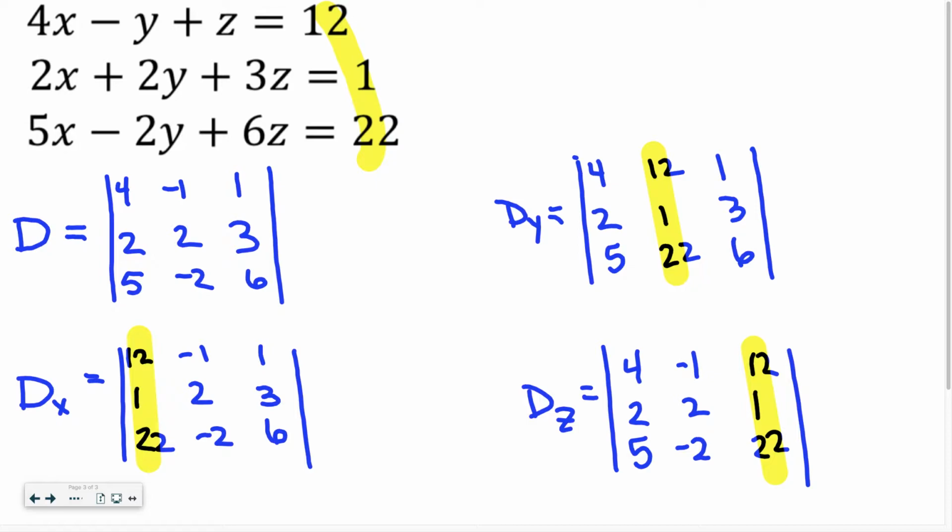Pods 4 and 5, D sub y. And then pod 6, D sub z. Okay, we'll just break up the work, we'll do some teamwork. Make sure you all agree on an answer before you give it to me.